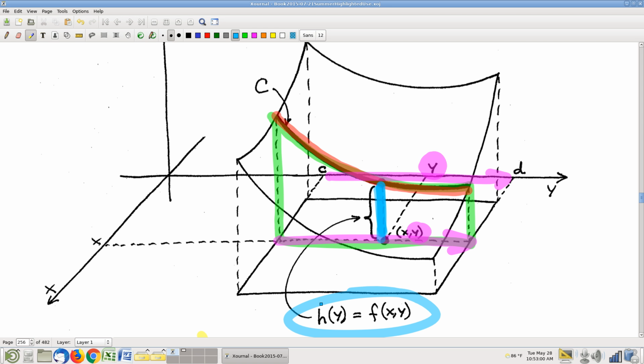So we've got some fixed value of x. In other words, it's at a given value of x that we want to compute the cross-sectional area. For that x, we're trying to compute A of x, this cross-sectional area. Given that x, y is going to range from C to D, and the height is f.